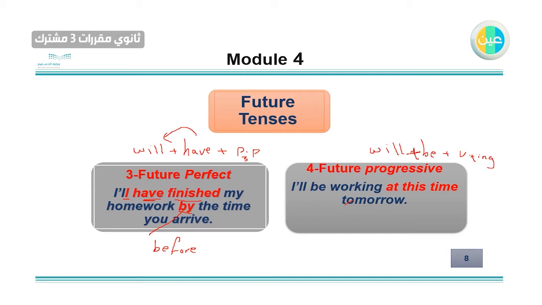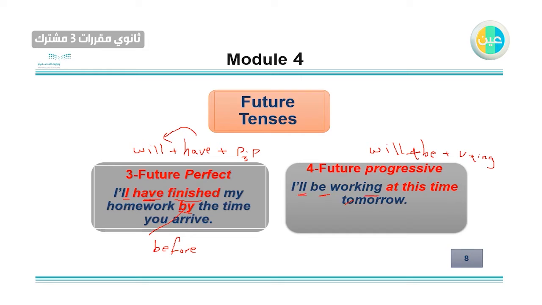When can I use a future progressive? To talk about actions that will be in progress at a specific time in the future. Okay, like when I say I will be working, you have will, you have be, you have ing. I will be working. When?